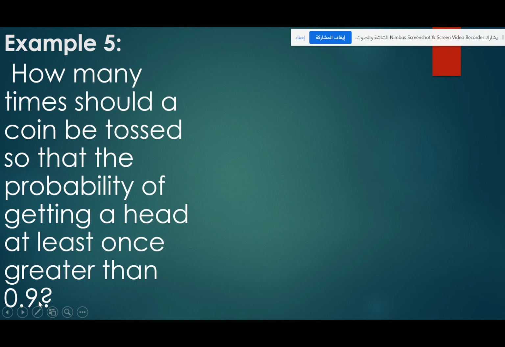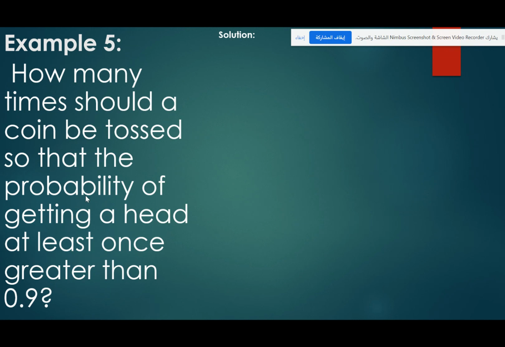But how much is n? We are asking about that. How many times should a coin be tossed? That means we don't know how much is n. We need to find it. So the question here is coming in an opposite way. Before, he was giving you n and asking for the probability. Now he is not giving you n and asking you to find it.